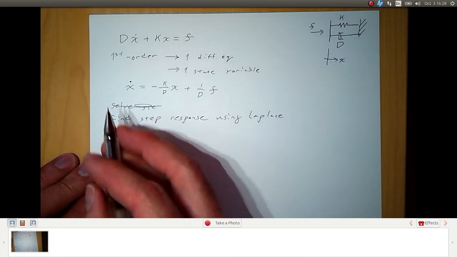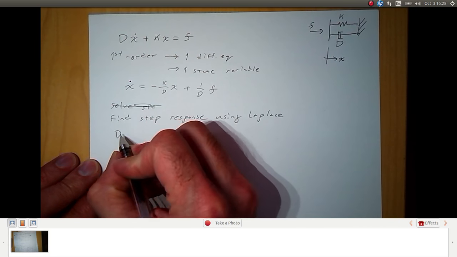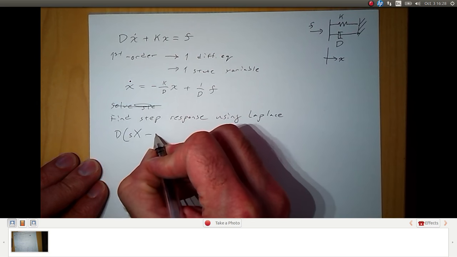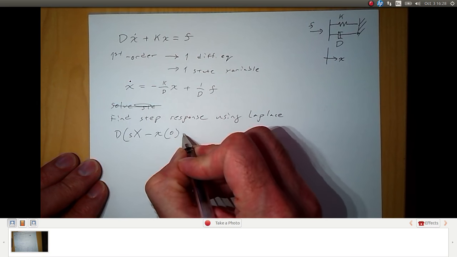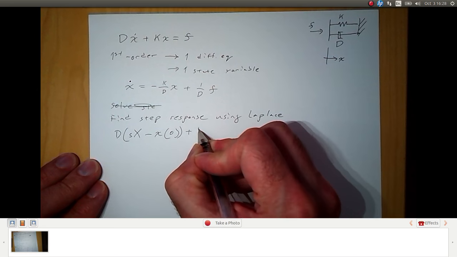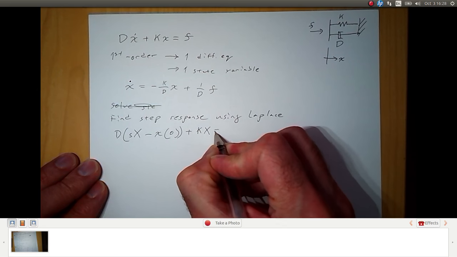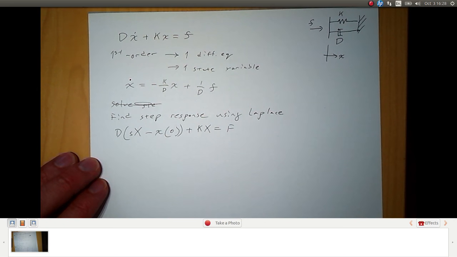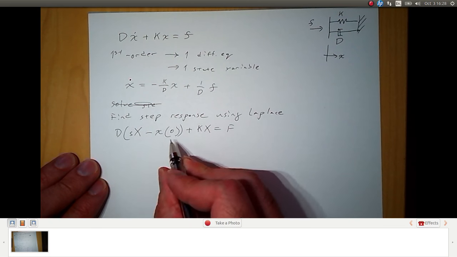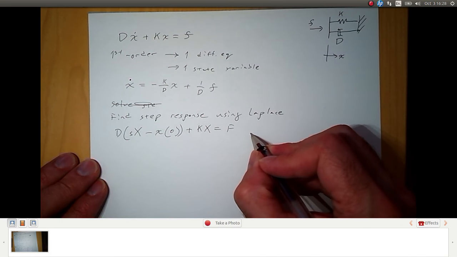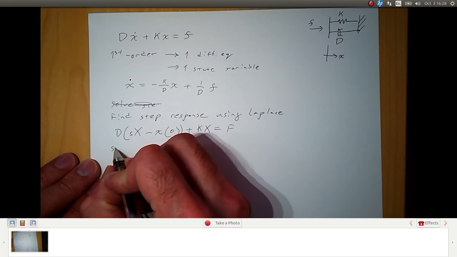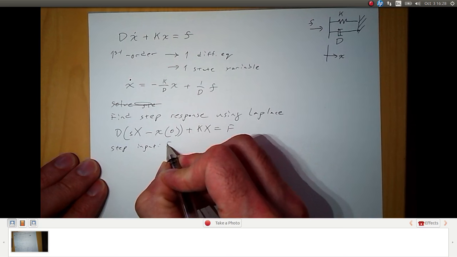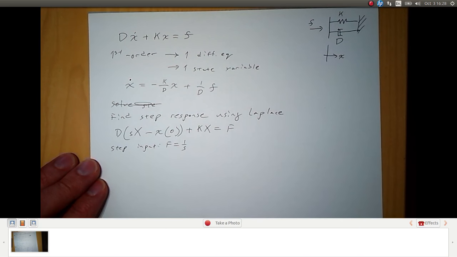Taking the Laplace transform of this equation, we have d times s X minus the initial condition x of 0, plus k times X is equal to the Laplace transform of the force F. And for the step input, we have that F is equal to 1 over s.